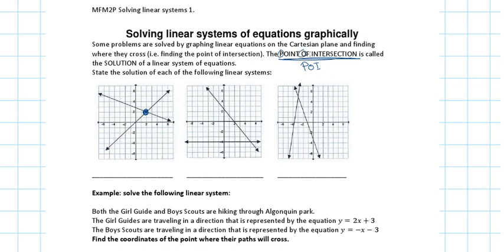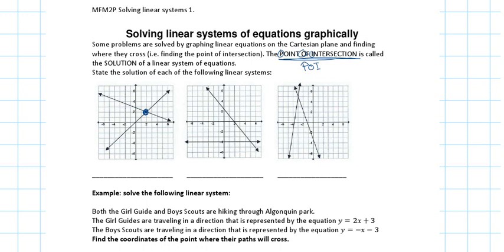It's also called the solution of the linear system. So here's what I have: two equations, which we call a linear system. I graph them, and I find the solution of that linear system, which means I find the point of intersection.